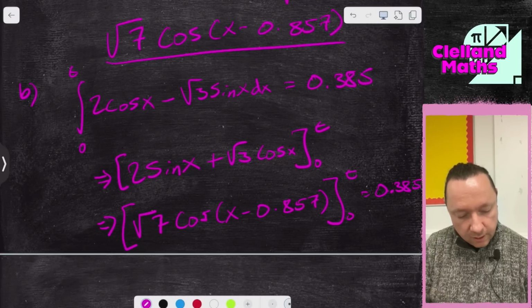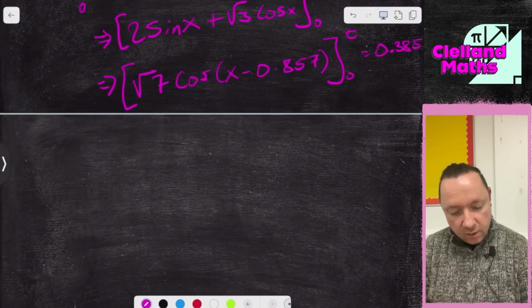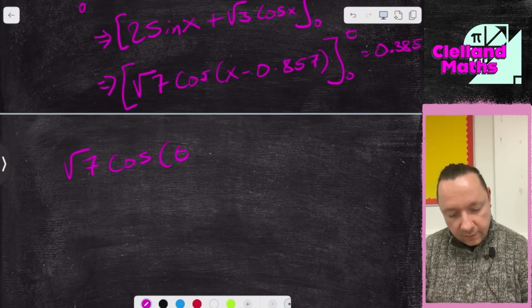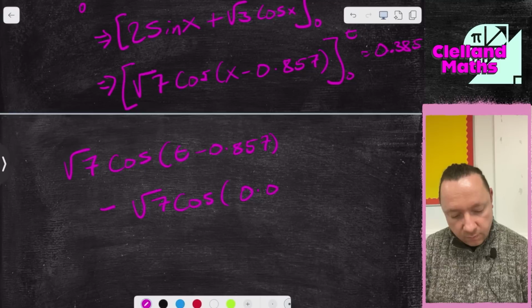That's what we're told. So then expanding this out, I've got root 7 cos t minus 0.857, take away root 7 cos of 0 minus 0.857, equals 0.385.